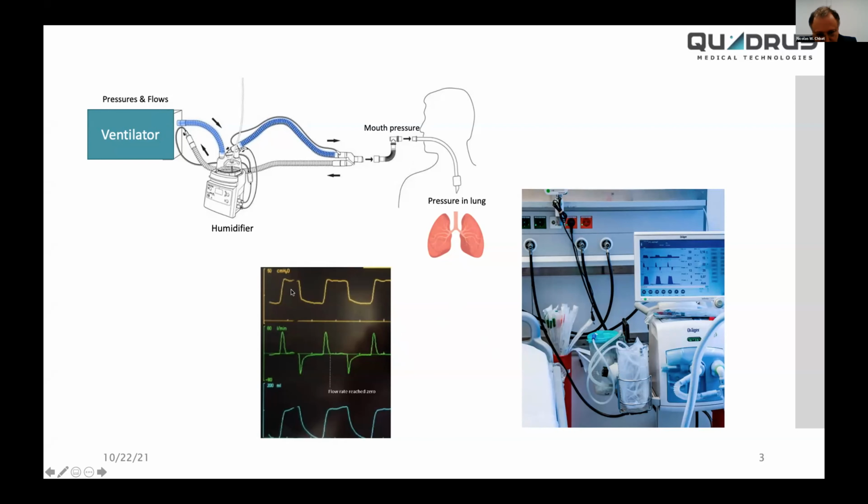Now, we want to estimate the parameters of this lung using the variables that are already measured, essentially the mouth pressure and the pressure inside the ventilator. By estimating the parameters of the lung, we can build math models which can emulate the dynamics of the lung.